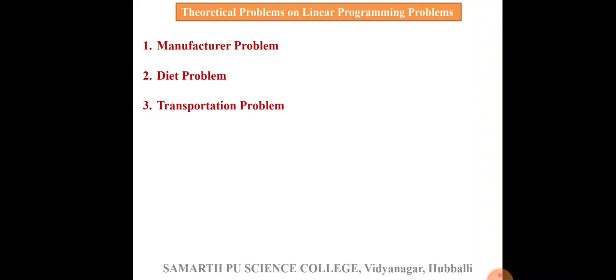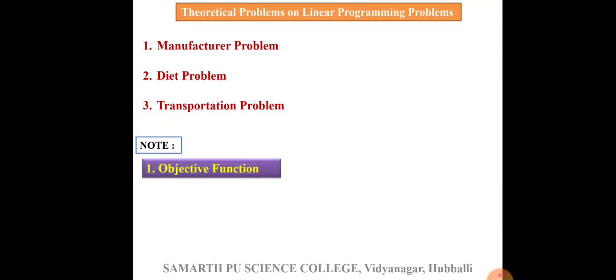Before the example, to solve theoretical problems, we have to follow the following steps. There are 6 steps. First, from the given data, we have to construct the objective function and subject to constraints.